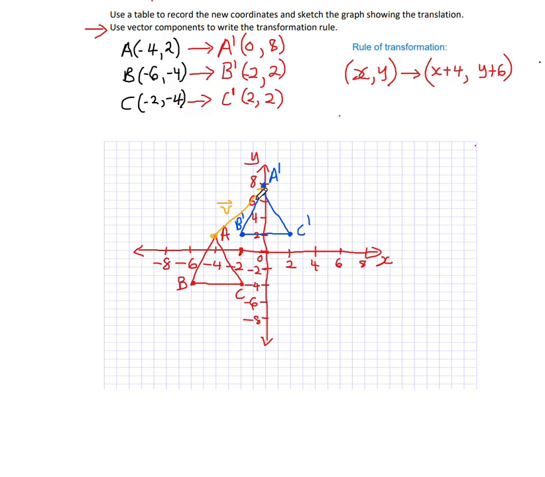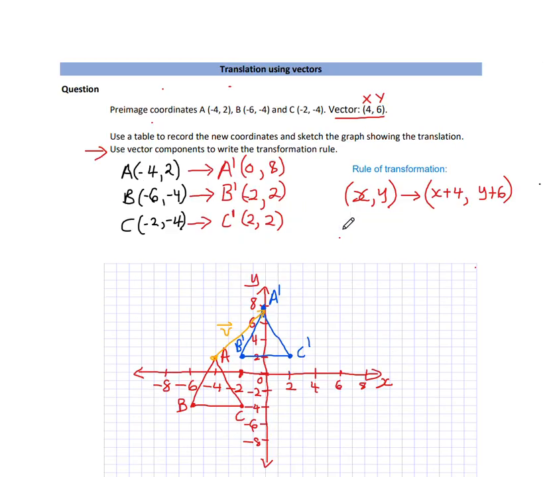So this vector is characterized by having a direction. The direction is from the pre-image to the image, and it also has magnitude, which is a distance from A to A prime, which is the same distance from B to B prime, and also from C to C prime under the common translation vector of 4, 6.